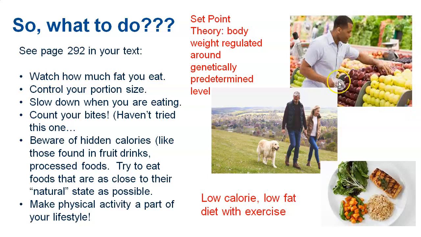It's this whole theory of set point theory. And it's the idea that your body weight is regulated around genetically predetermined levels. So again, it is your DNA saying this is the weight that you should be at. And then it kind of regulates your body weight by that predetermined level.